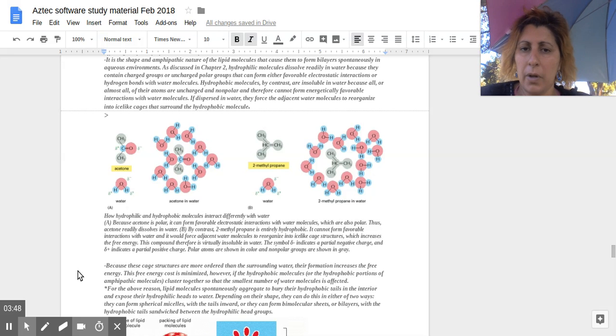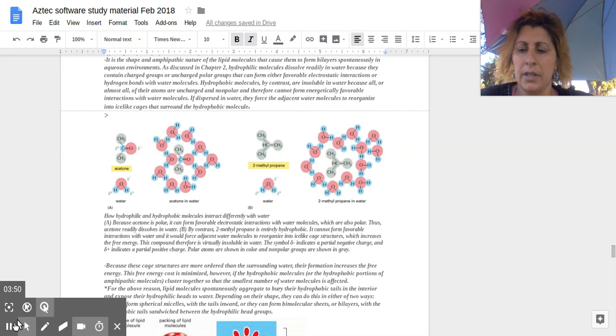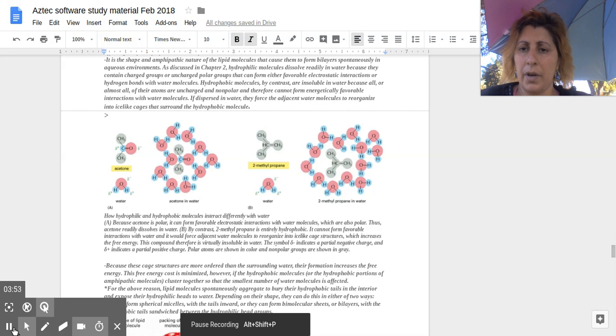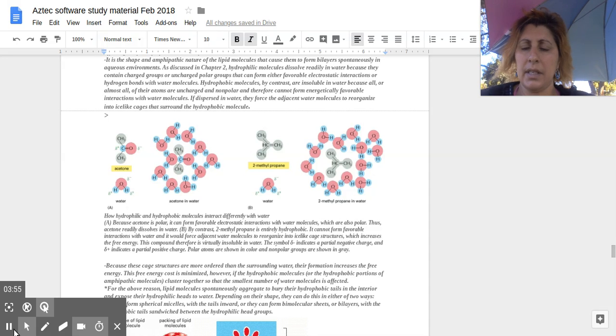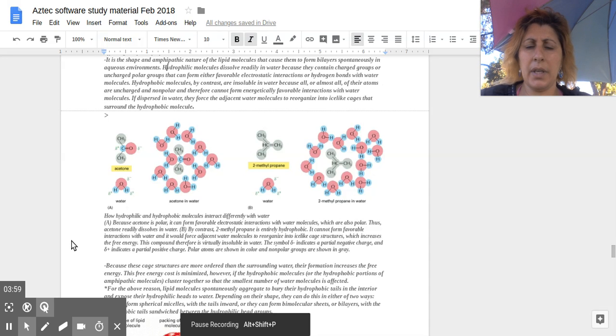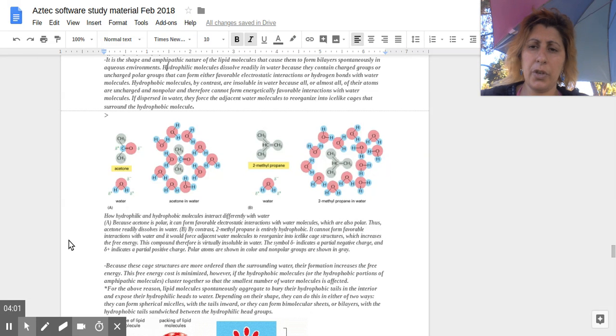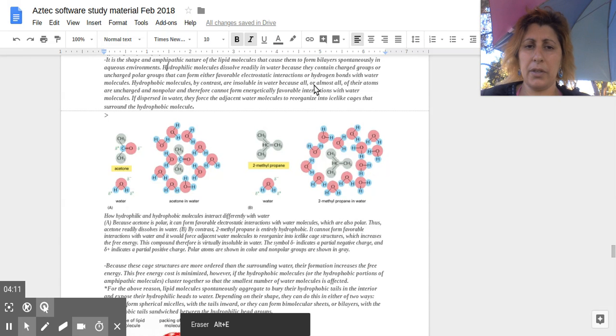So hydrophilic molecules generally dissolve readily in water because they contain charged groups. If they contain either charged groups or uncharged polar groups, they may interact favorably with the water molecules or even hydrogen bond.